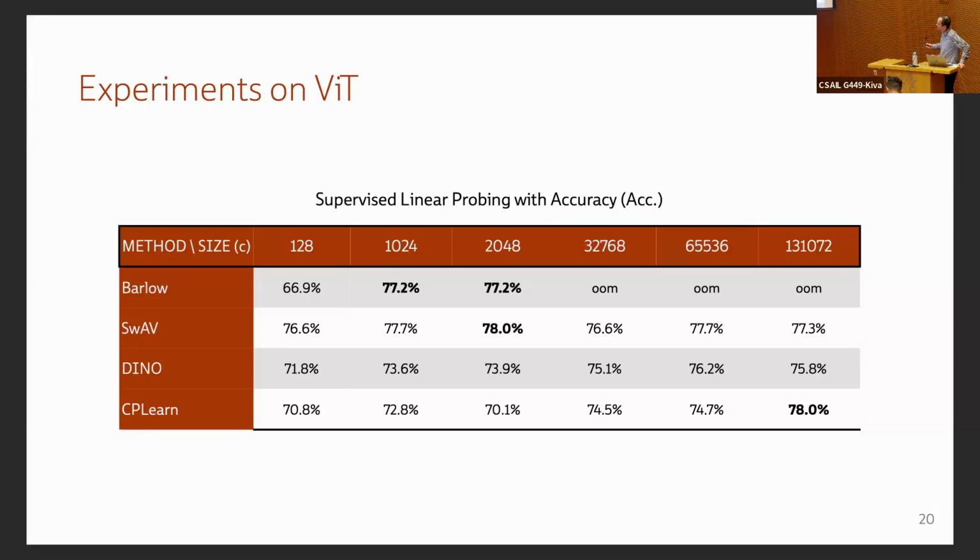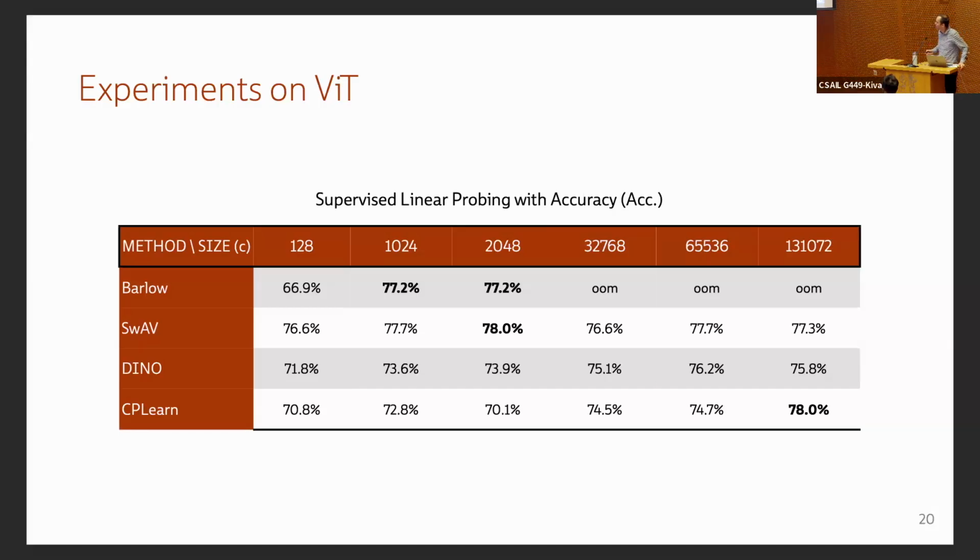Barlow twins actually at a certain point goes out of memory because it's computing explicitly a correlation matrix, so it's quadratic in that case, and that's where you get this out of memory. Whereas with the clustering approach, you get good performance when you have an intermediate value for your output.